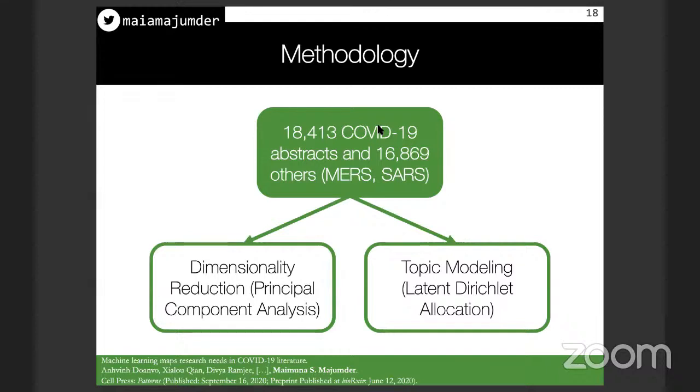Following PCA, we conducted topic modeling using latent Dirichlet allocation, abbreviated here as LDA. LDA is an unsupervised probabilistic algorithm that extracts hidden topics from large volumes of text. Once trained to discover words that separate documents into a given number of topics, LDA can estimate the mixture of topics associated with each document, or in our case, scientific abstract.